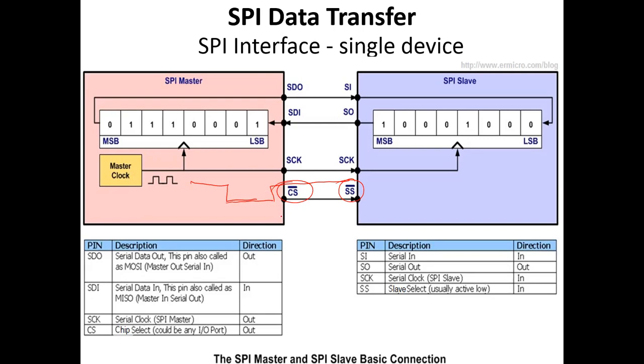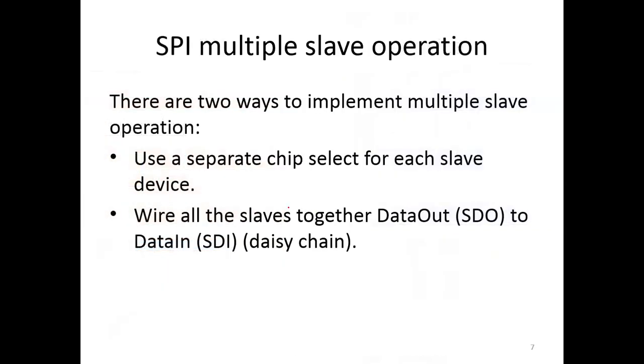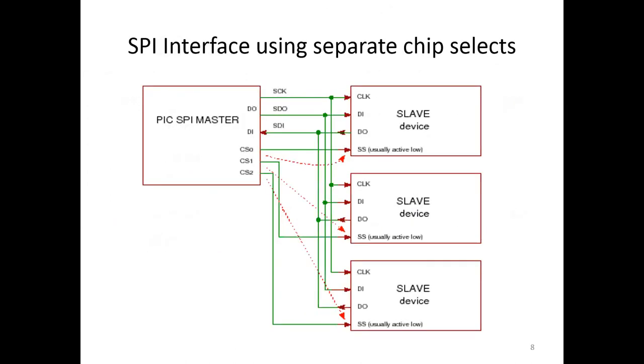Okay, clear. So we have seen how to connect multiple slaves, and we have seen two techniques. The first one is to use multiple chip selects. Chip select 0 is connected to slave 1, chip select 1 is connected to the next slave, etc. If you want to reduce the number of chip select pins, we can use a decoder, for example, 3 to 8.